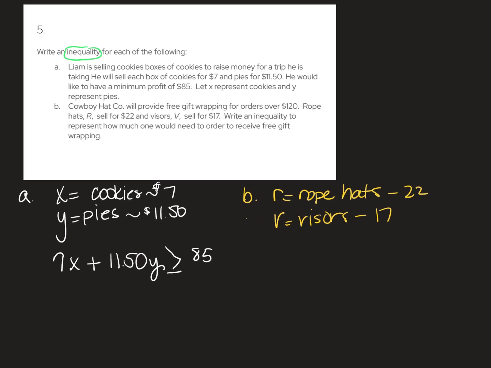Write an inequality to represent how much one would need to order to receive free gift wrapping. Okay, so they need to spend over $120. So 22 times the number of rope hats plus $17 times the number of visors, and we need over 120. Can't be equal to because that's exactly 120. It says over 120, so it's a greater than.